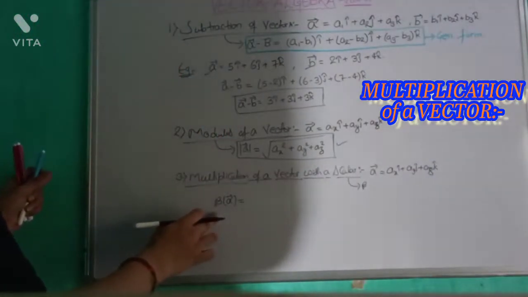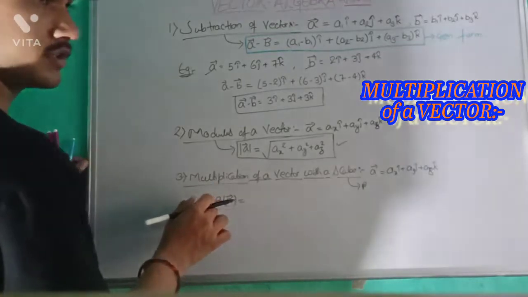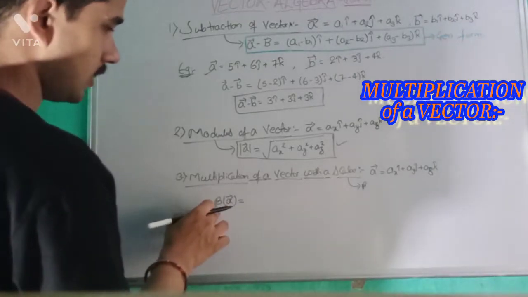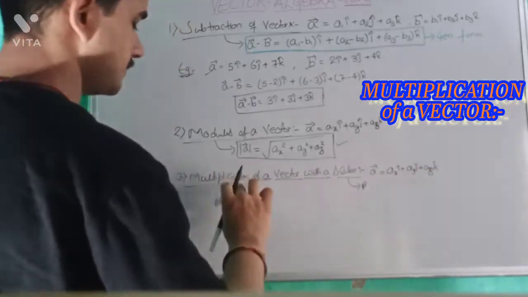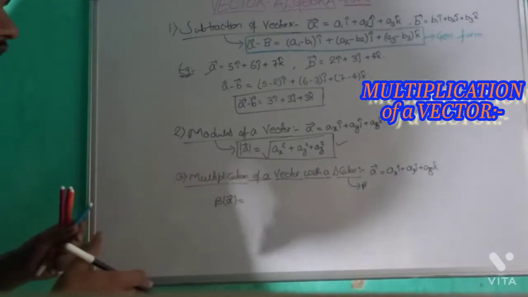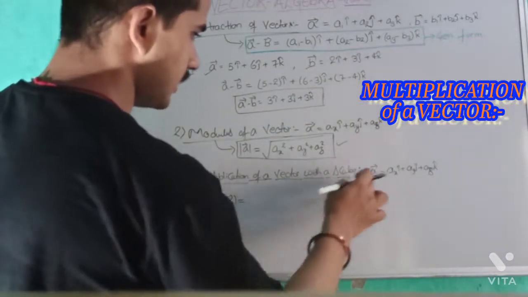How will we multiply? If we have to multiply this beta scalar to the vector a, then we'll be multiplying this beta to each of its components separately in a corresponding manner, and the obtained result will be the product of a vector and a scalar. So let's write it now.